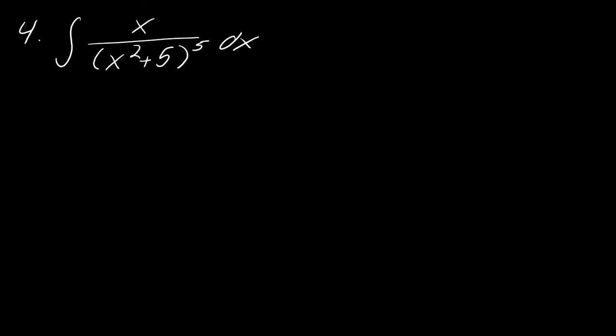Okay, so moving on to 4 here. So now I've got x over x squared plus 5 to the 5th. So this is another substitution problem. My u is x squared plus 5. My du will be 2x dx.